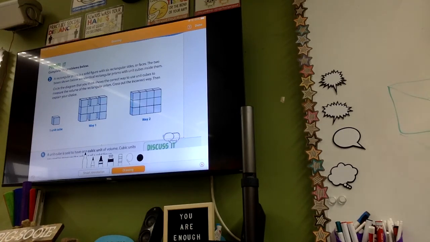I can't draw 3D squares. There is a rectangular prism. So a rectangular prism is a solid figure with 6 rectangular sides or faces. The 2 boxes shown below are identical rectangular prisms with unit cubes inside of them. So everybody see, we're talking about way number 1 and way number 2.